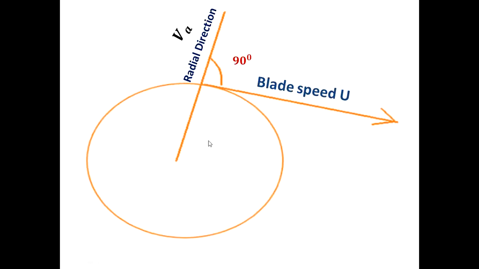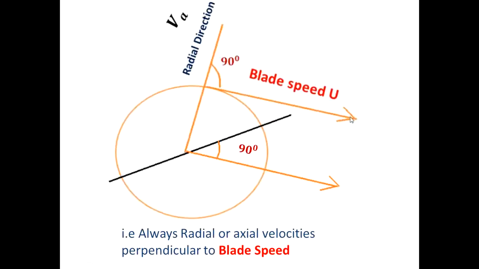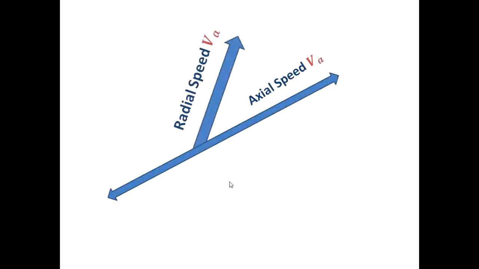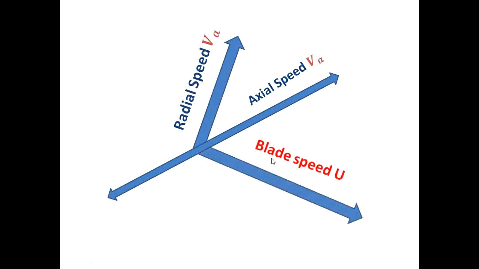If you stretch three fingers of your left or right hand perpendicular to each other, it is the same thing. So this is how you write the radial component, the axial component, and the blade velocity.